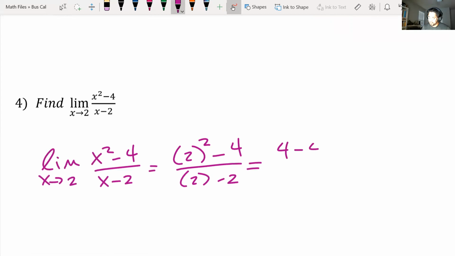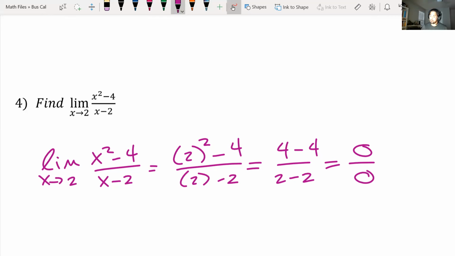You'll get 4 minus 4 over 2 minus 2, which gives you 0 over 0. Now, does anybody know what 0 over 0 is? Undefined.